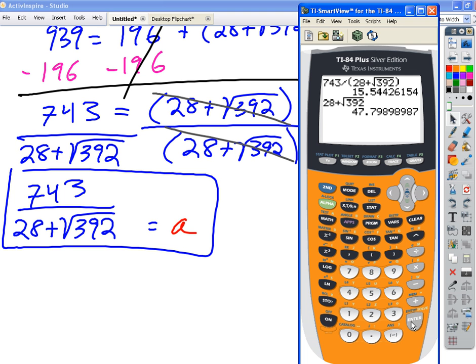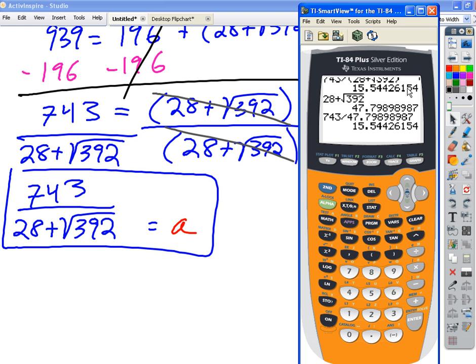Now the calculator is only showing a certain number of decimal places, but it carries like 18. I mean, it takes it way, way out there. So if I want to divide 743 by that number, I can say 743 divided by, and I'll just hit the up arrow and go up and highlight that and hit enter, and that grabs it. Now if I hit enter, look what we get. Same exact answer we got before.